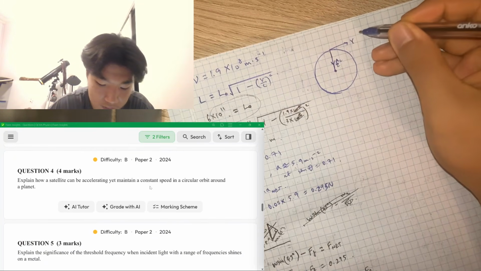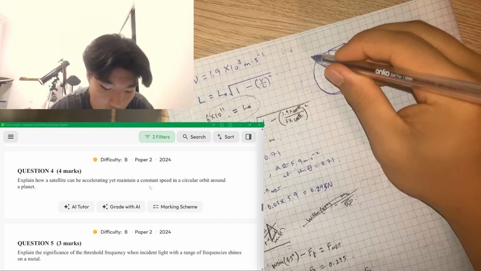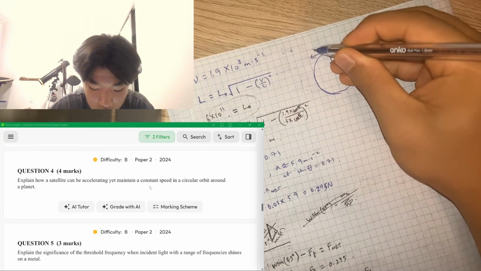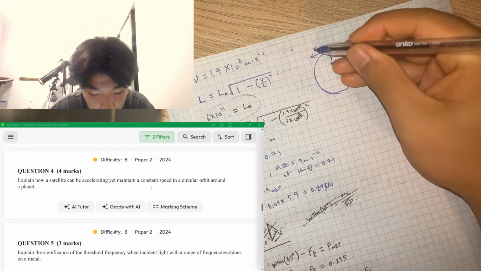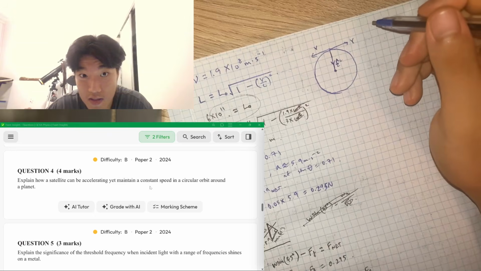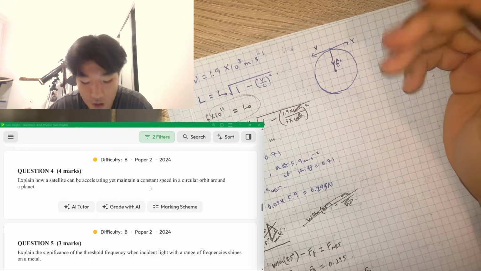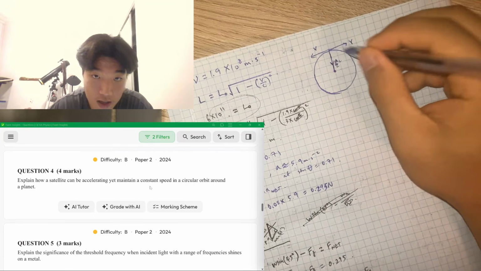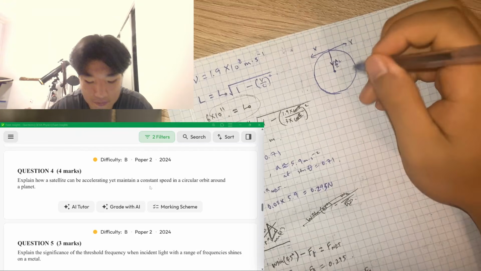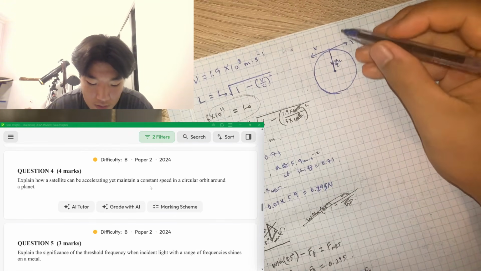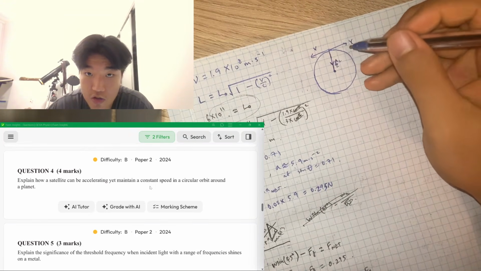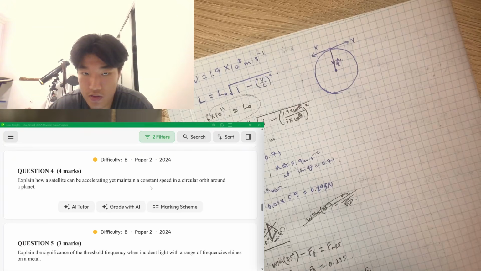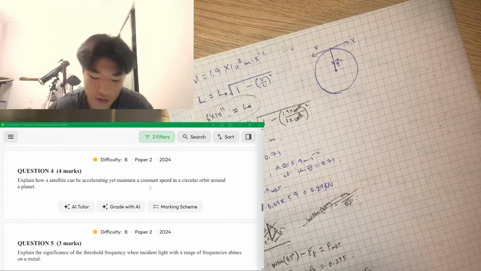Velocity could be going this way, could be going this way. It's tangential, so we don't really know. However, we know that the speed is the same. It's going to keep going around at the same speed. Acceleration doesn't contribute to a change in speed in this case, because it's acting perpendicular.